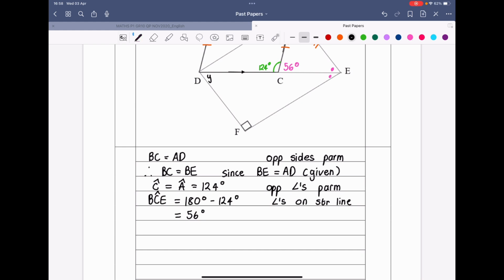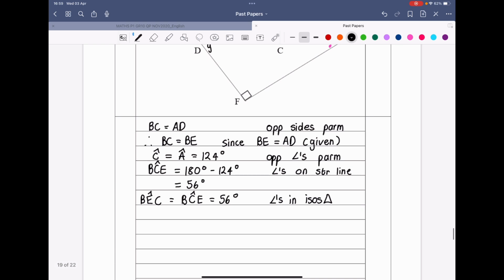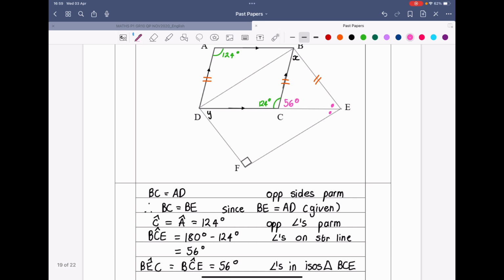Right, so BEC equals BCE equals 56 degrees, and that is angles in isosceles triangle BCE. Alright, so this is 56.